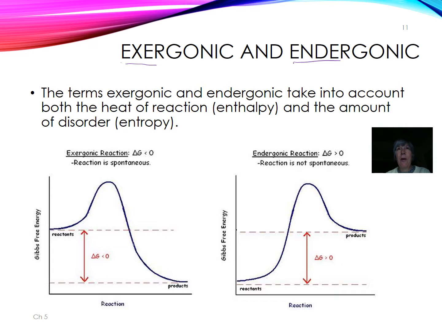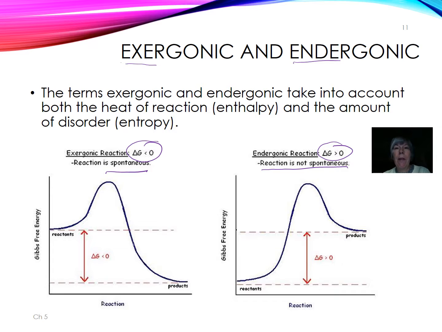When we get into Chem 120, a higher level of chemistry, we'll talk about something called Gibbs free energy, and that's represented by this delta G here. Basically, if that energy is less than 0, then you have an exergonic reaction, and we say that that reaction is spontaneous. If that energy is greater than 0, then it's an endergonic reaction, and the reaction is not spontaneous.